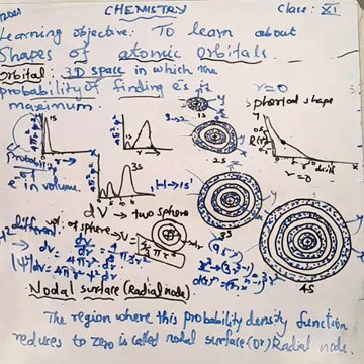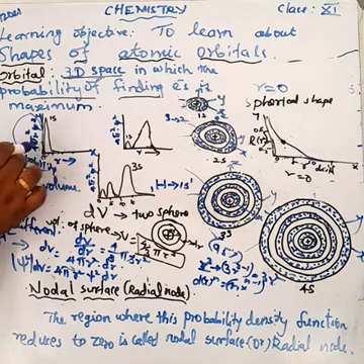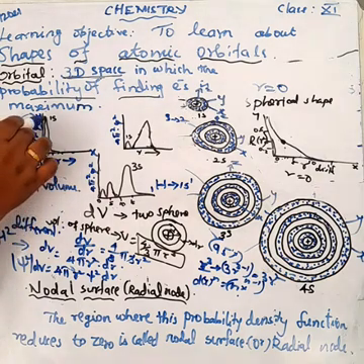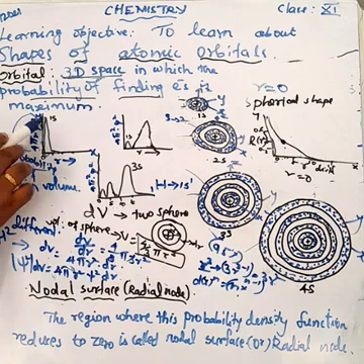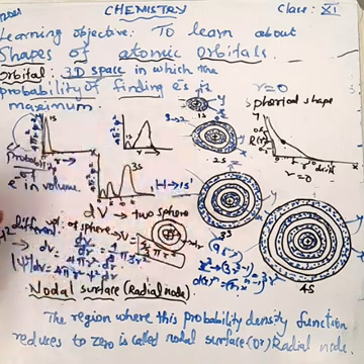Looking at the graph, when r decreases, the probability increases. When we consider the hydrogen atom, only one electron is there. We already learned about the Bohr atom model.